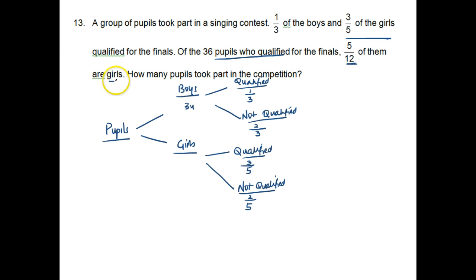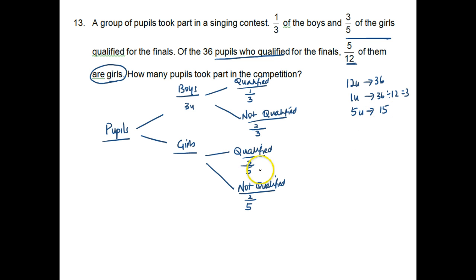5/12 of them are girls. Okay, so 36 who qualified, 5/12 of them are girls. So now my 12 units is my 36 who qualified. 1 unit is 36 divided by 12, which is 3. 5 units is 15.